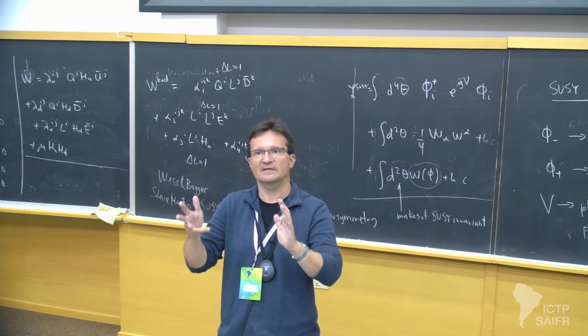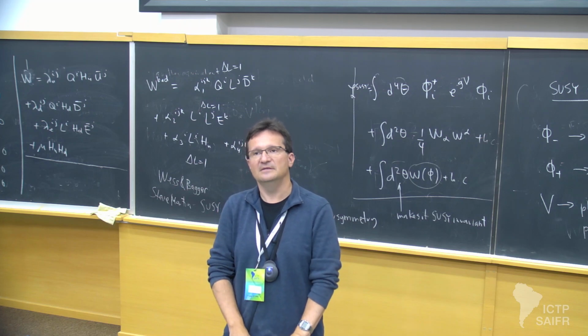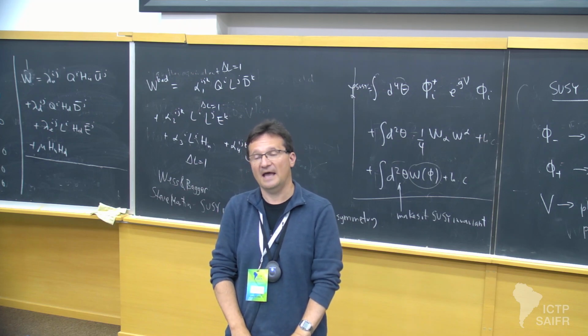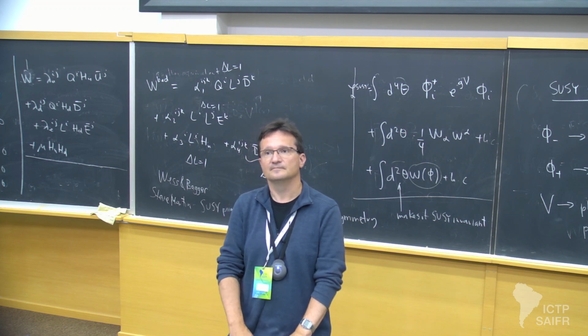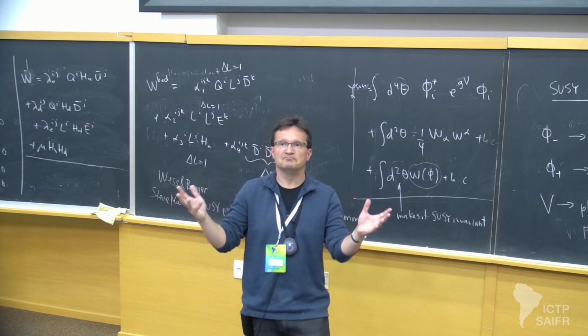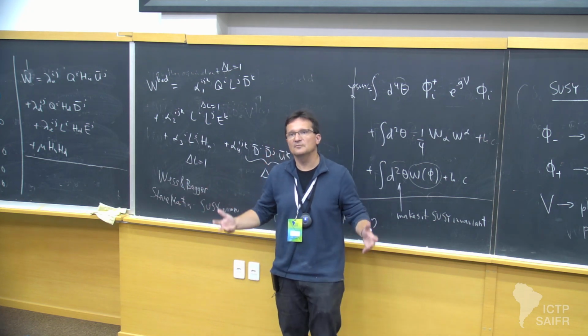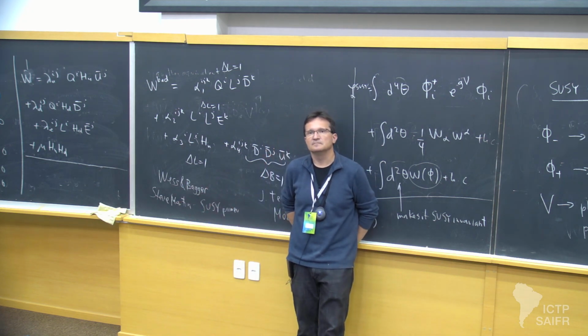Essentially, there are defects, and the defects of the theory don't have to be chiral. So it's the presence of branes. Orbifolds, orbifold boundary conditions, essentially.